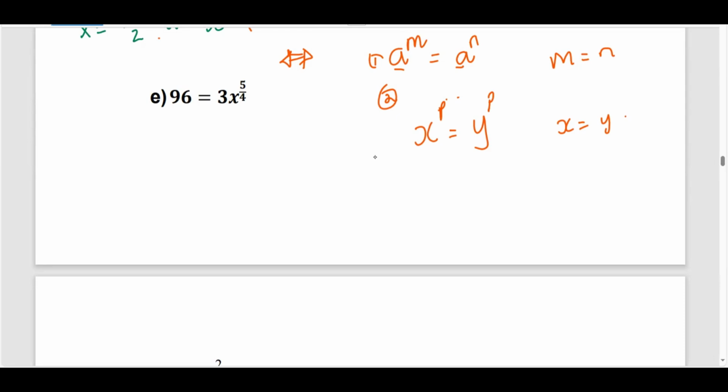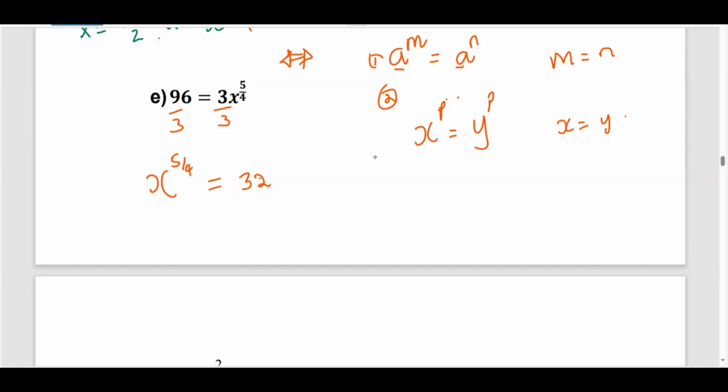So step number 1 for this one, we just need to get rid of the 3, okay? Divide both sides by 3. So we shall have x to the 5 over 4 is equal to 32, yes. So if that is a 32, what I need to do in this next step of mine is to get rid of the exponent 5 over 4, okay?